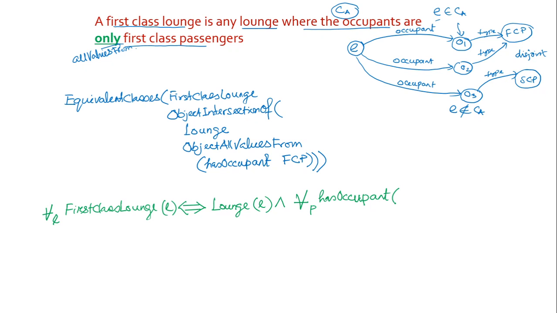So L has got occupant to be P, and this will imply that this P is a first class passenger, right? So this is how we can represent the same thing in first order logic.